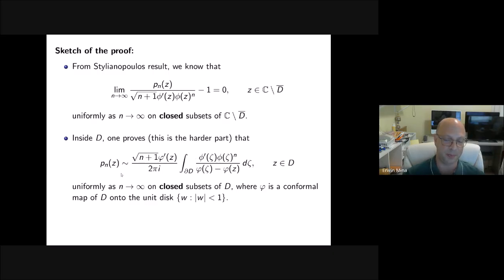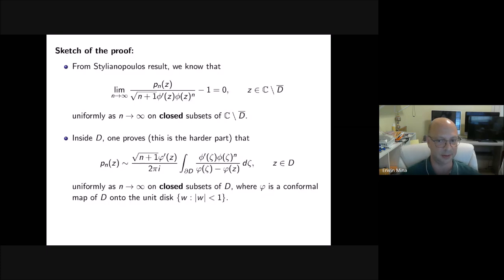And so you can prove, but this is difficult, that Pn behaves asymptotically like this integral times something that is very nice. Okay, so that's the harder part. Then you have to analyze how this integral behaves as n approaches infinity, and that's where you're going to get your set S. From analyzing this integral, you get the precise definition of the set S, the one that I'm not going to give.